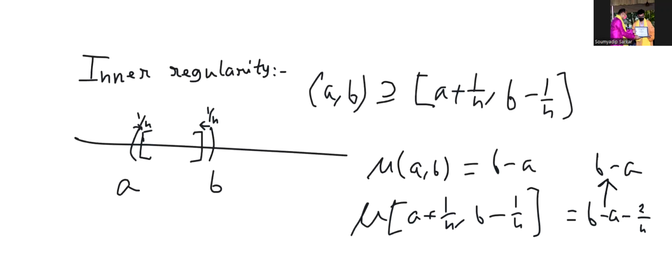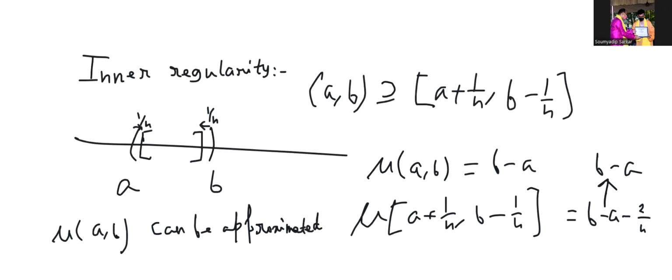So that means mu of the open interval AB can be approximated by compact sets, by compact sets that are sitting inside the subset that we are interested in.